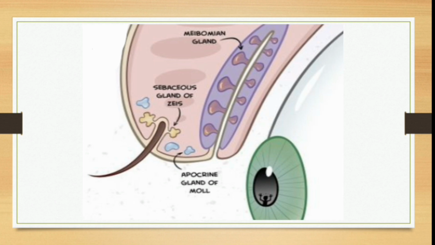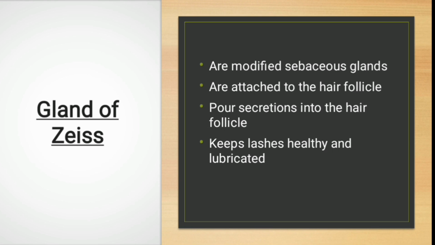This helps in the nourishment of the eyelash, so that the eyelash may not dry out, and that oily secretion also helps in the making of the tear film, right? So this is the sebaceous gland. It keeps the lashes healthy and lubricated. As I have already told you, they are attached to the eyelashes, which is why they keep the eyelashes healthy, so that they do not dry out.